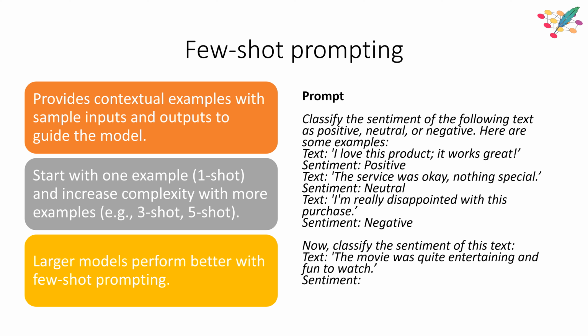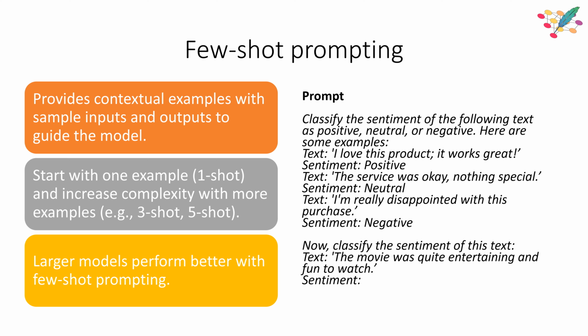Few-shot prompting involves providing contextual examples with sample inputs and outputs to guide the model's response. You start with one example, known as one-shot prompting, and can increase complexity by adding more examples, such as 3-shot or 5-shot prompting.